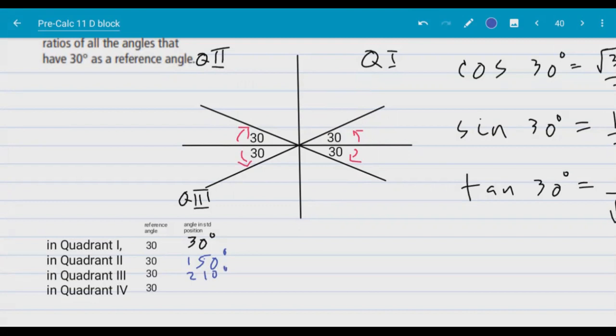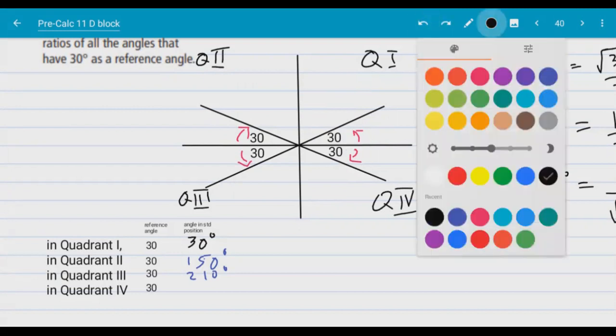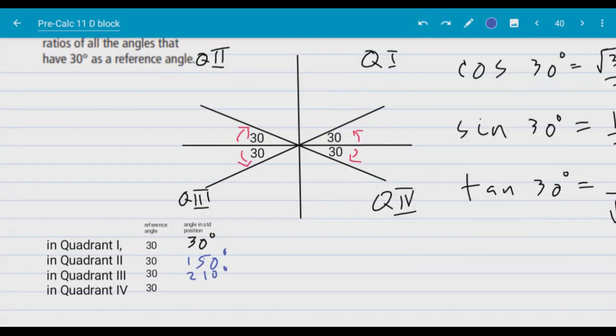While in quadrant 4, this one, the reference angle is this one. But the angle in standard position would be this one here, going all the way through. If you make the full turn, that's 360, but then we only end here. That means it's 360 minus 30. That would be 330 degrees.